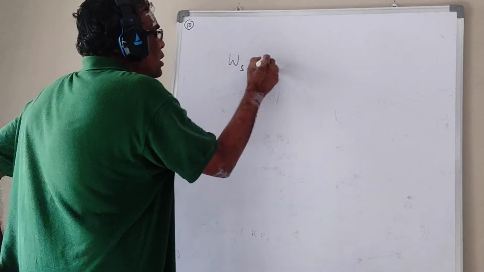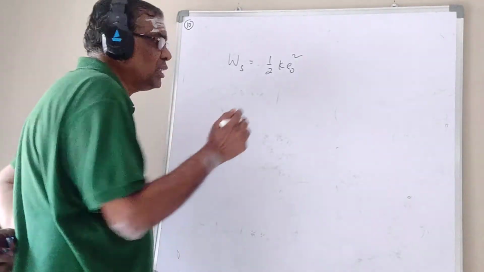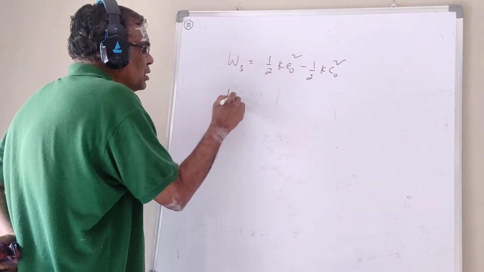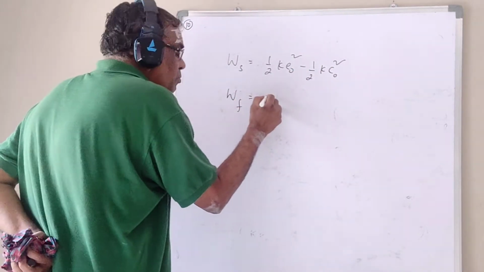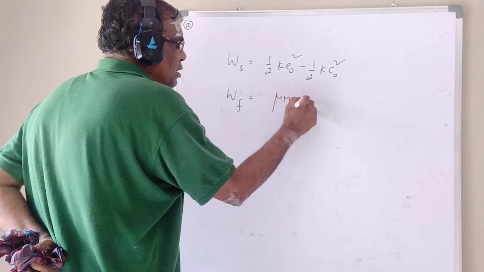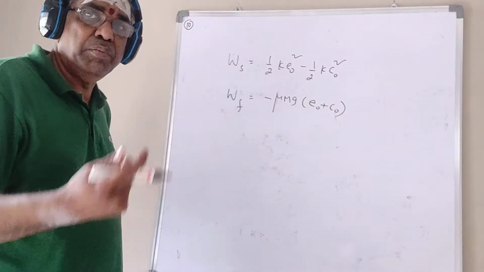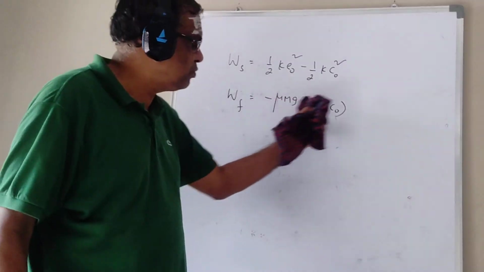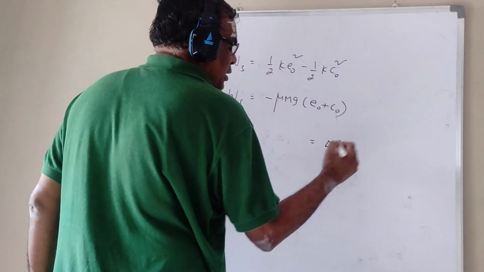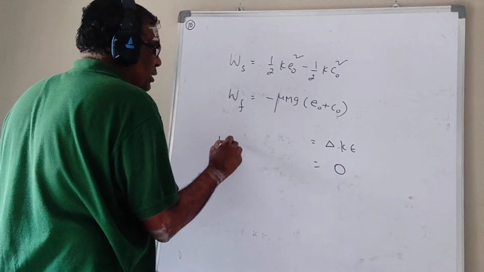Work done by spring is half k E naught square, but during the process of compression it is negative. This is work done by spring. Work done by friction is Fk, mu mg into E naught plus A naught, with a minus sign. Sum of these two is equal to change in kinetic energy, which is 0.